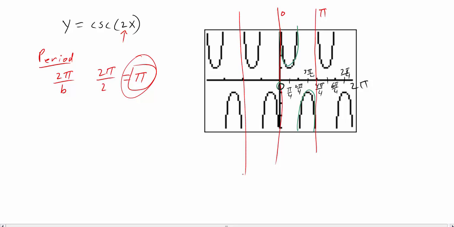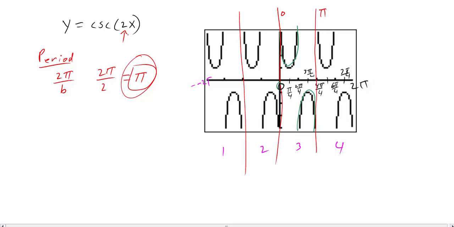So here, if we look at this total, we have 1, 2, 3, 4 full periods of this graph from the negative 2 pi to a positive 2 pi. And we'll notice, has the graph been shifted any to the left or to the right? And the answer is no, because here all we did was, in this case, affect the period.